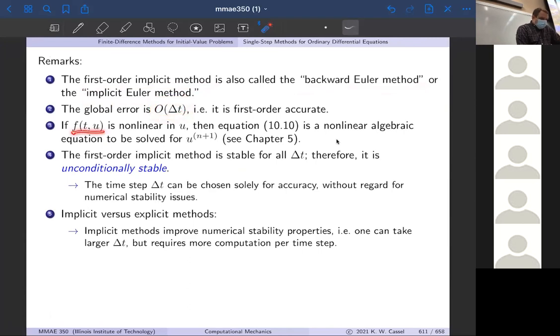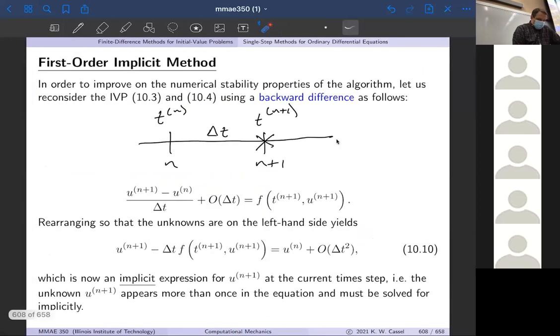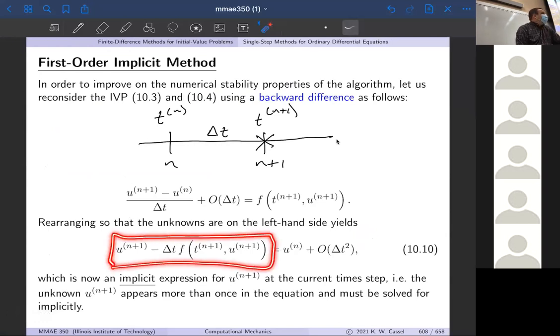Now, though, notice what happens if f of t, u is nonlinear. If it's nonlinear in u, then when I go back to this equation right here, this might be a nonlinear algebraic equation. If f of u is nonlinear in u, then this will be a nonlinear equation.